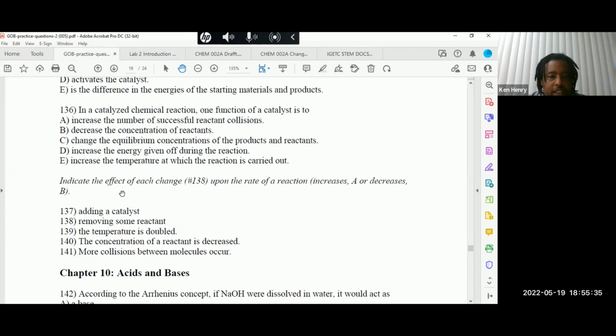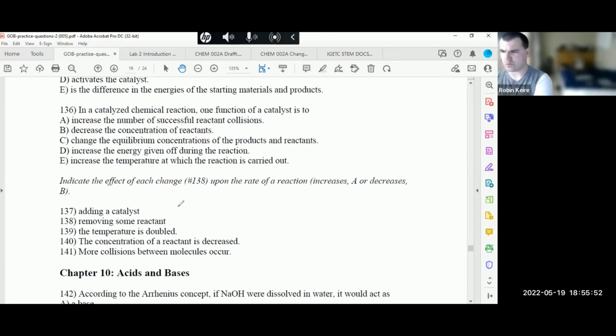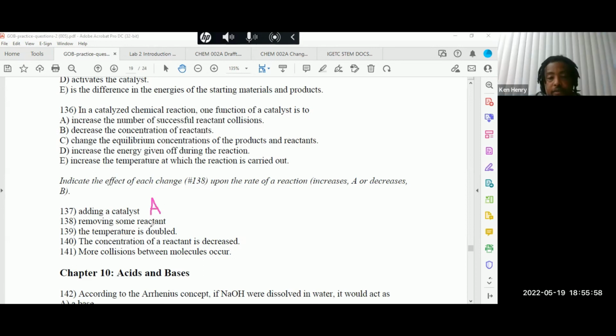Okay, indicate the effect on the rate of the reaction of each change: A, to increase, or B, decrease. Adding the catalyst. Increase. That is correct. Removing some of the reactants. Decrease.